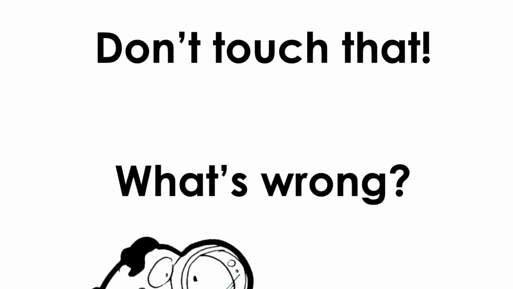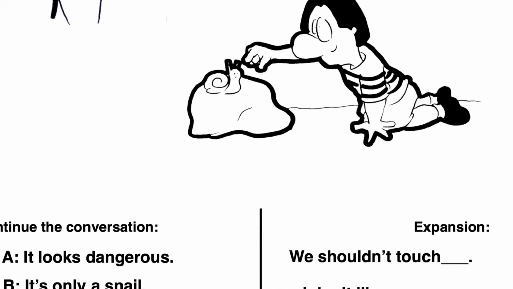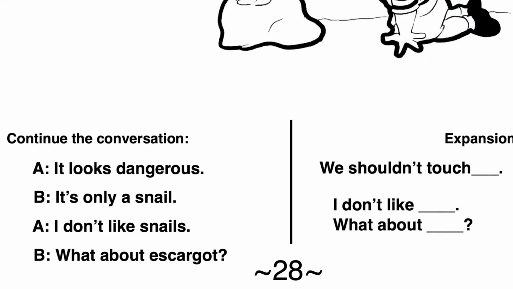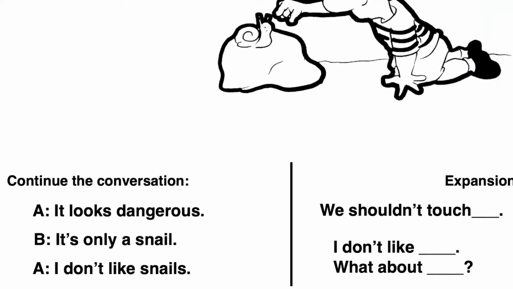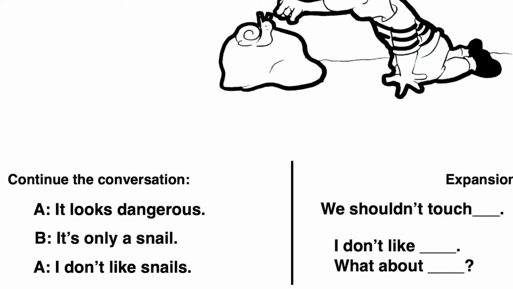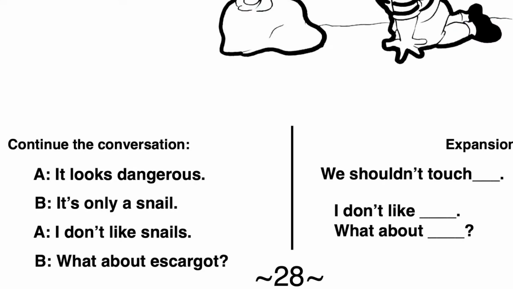Okay, here we go. One more time. Don't touch that. What's wrong? It looks dangerous. It's only a snail. Right there, we can see the snail. It's only a snail. I don't like snails.